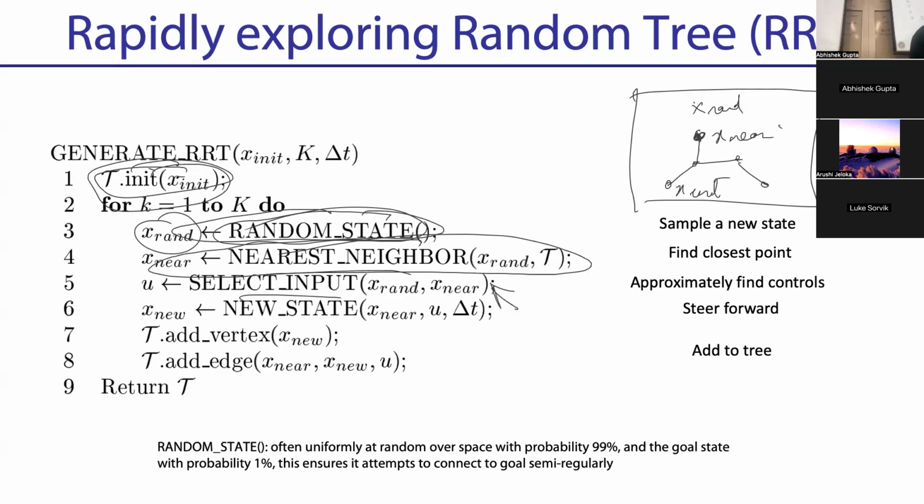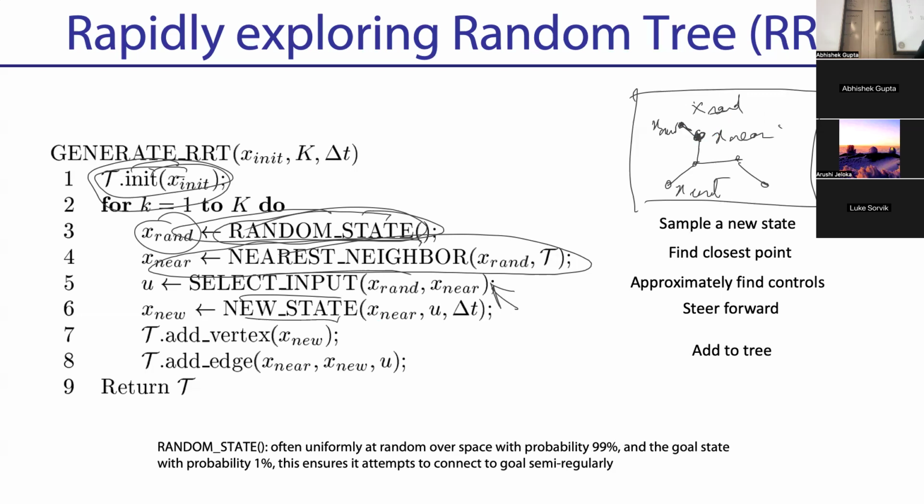Then once you've done that, you just propagate forward through the system to get a new state. Let's say the U didn't get us exactly to X rand, it got us somewhere nearby. And so we're going to add this new state, X new, into the tree, and we're just going to repeat, right?